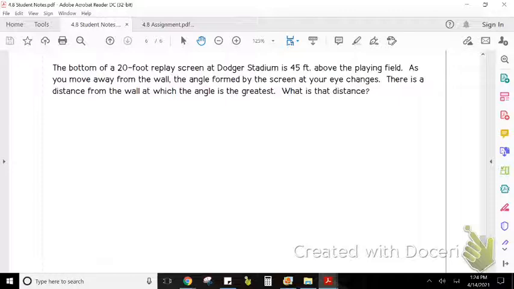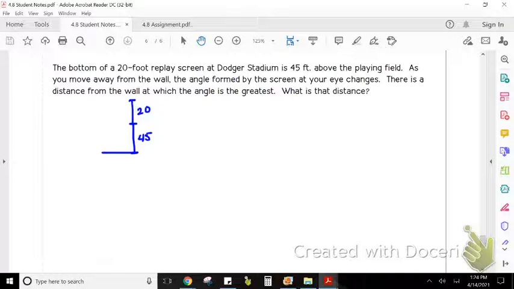All right, so we've got this big screen on the wall, correct? And we know that it is a 20-foot screen, and it's 45 feet above the playing field. Not drawn to scale, okay? Now as we move away from this wall, it's going to be easier and easier to view that screen, isn't it?